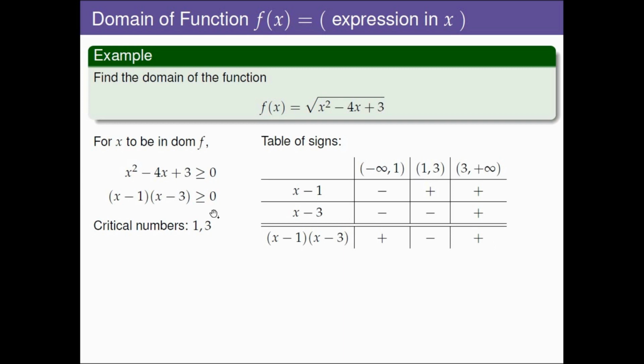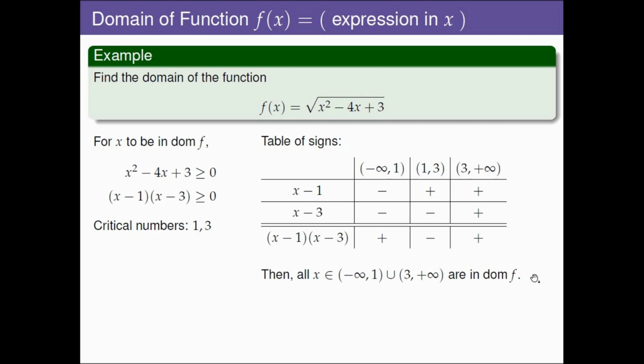So, we should get all the intervals where the product is greater than or equal to 0. So all x in the interval negative infinity to 1, open, union, open, 3 to infinity, are in the domain of f.